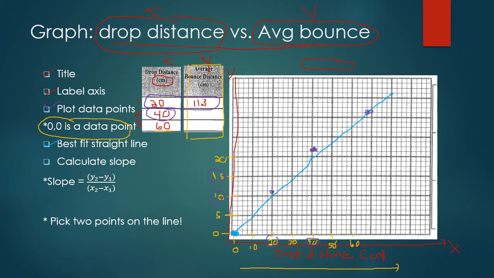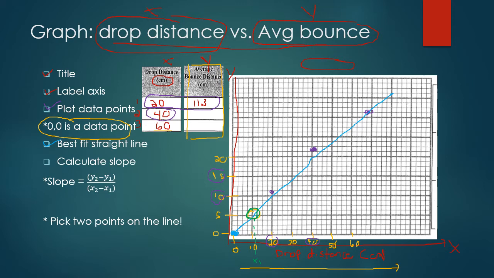So let's say I want to pick, what are some data points that are easy to read? Say I picked this data point here. Let me do green instead. So if I picked this data point, what I would do is I would follow that down, and wherever it hit on the x, that's going to be my x1 value that goes in that equation.